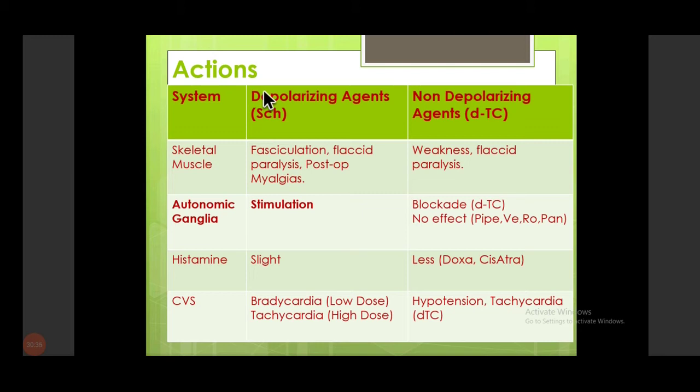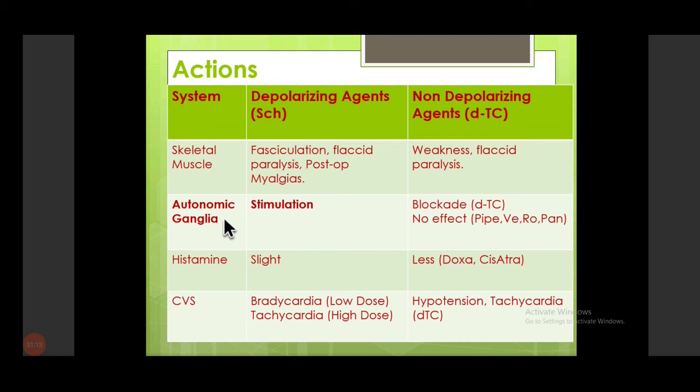Flaccid paralysis means there is no tone, very much reduced tone in the muscle. Post-operative myalgia occurs because there is more expulsion of the leaky potassium channels due to constant depolarization. In the non-depolarizing case, because there is no fasciculation, there is just primarily weakness and flaccid paralysis, because there is no depolarization response.